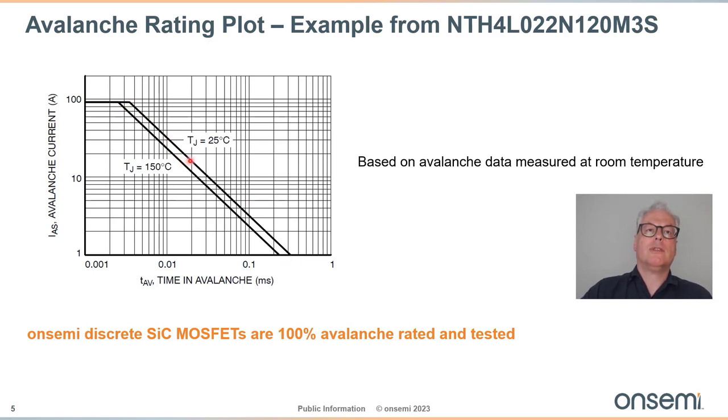What we also see is the avalanche rating when you start at 25 degrees C is better than when you start from 150 degrees C. This is because the time it takes to reach the destruction temperature when you start at a high 150 degrees C temperature is a shorter time in avalanche than with a 25 degrees C starting point. That's the reason for this difference. So this is actually based on measured data. Just want to point out all of our discrete SiC MOSFETs are 100% avalanche rated and 100% tested.